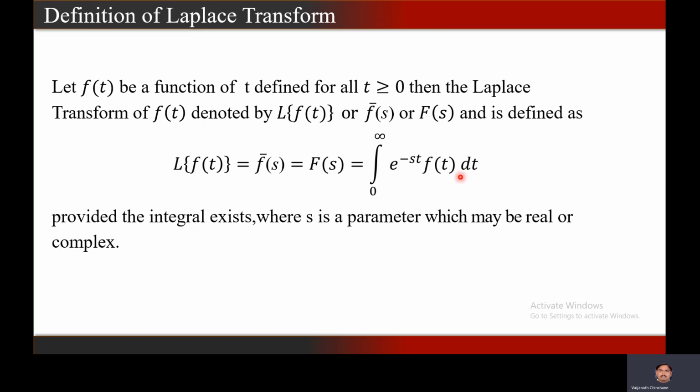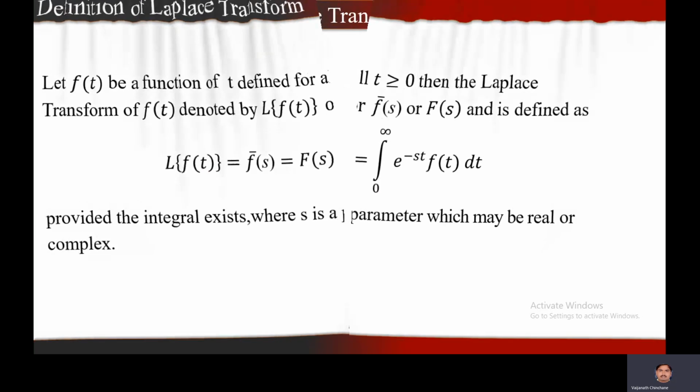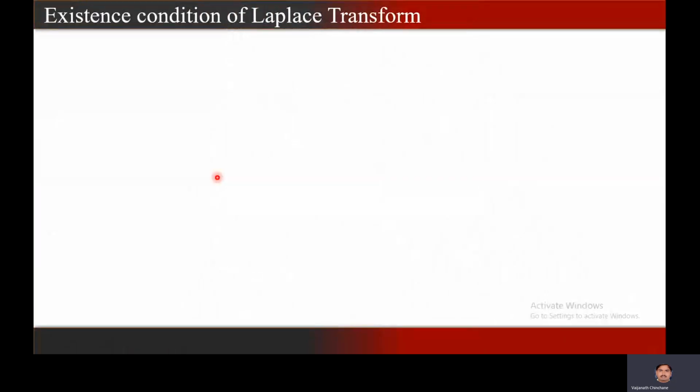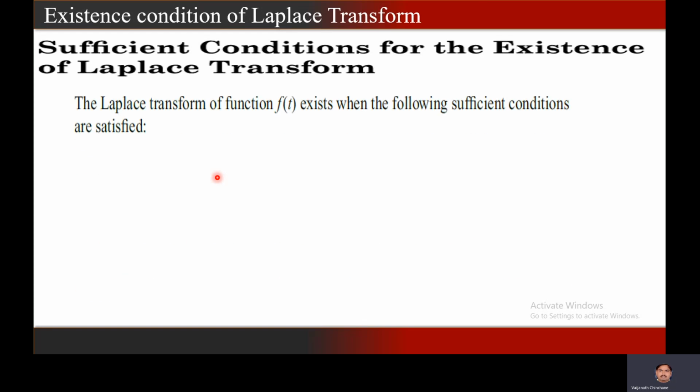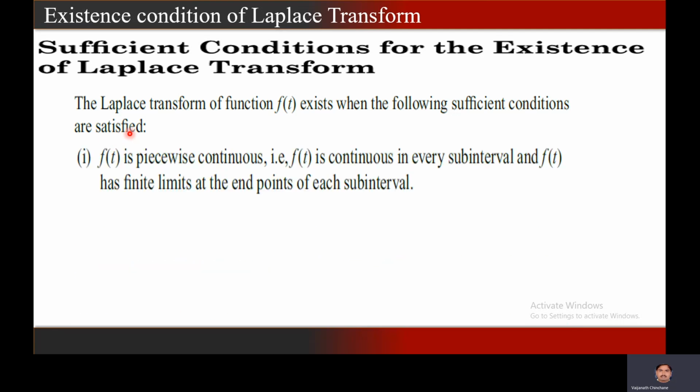The whole chapter on Laplace transform depends on this definition. Okay, so after that we see the sufficient conditions for the existence of Laplace transform. It means that the Laplace transform of function f of t exists when the following sufficient conditions are satisfied.